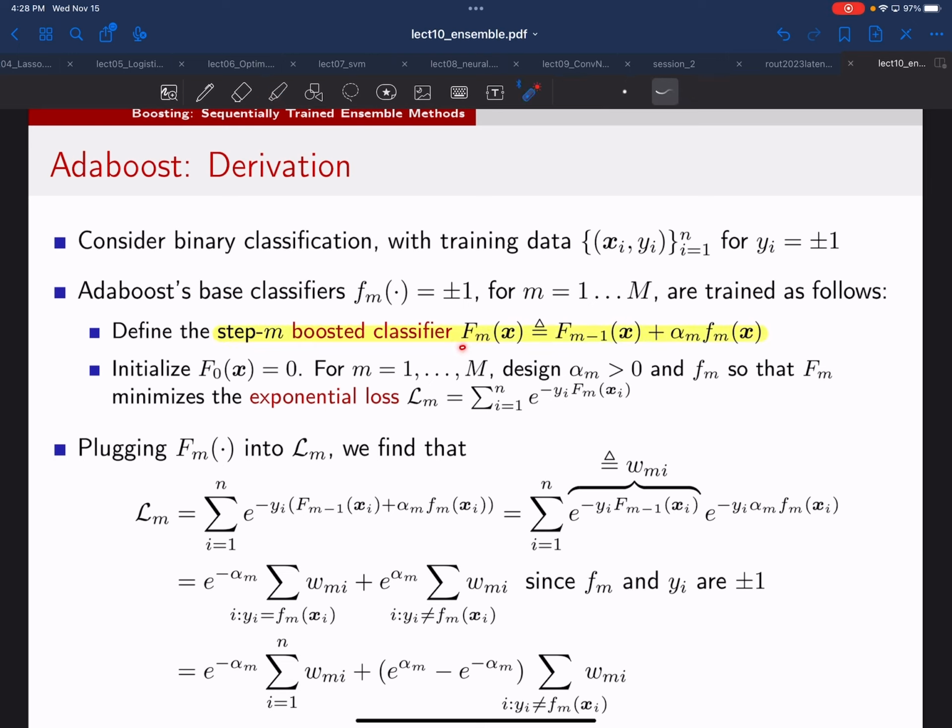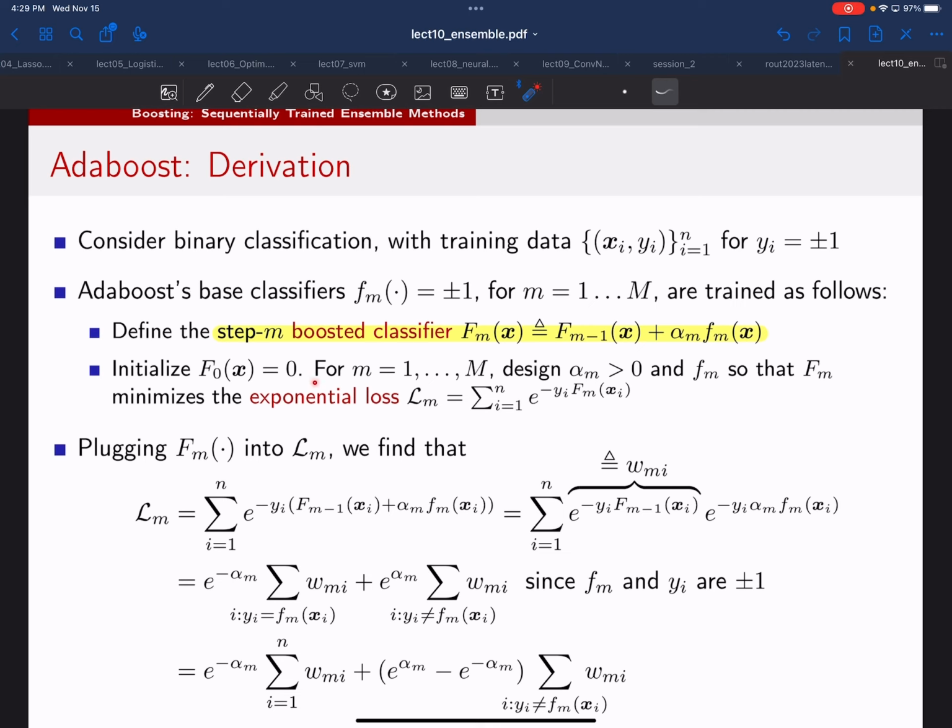That's going to be capital F. You can see we're taking the previous boosted classifier and adding on a scaled version of the base classifier to get F m. We initialize the boosted classifier at stage 0 to be 0. So for the first stage, you just have a base classifier. We want to design both the alphas and these f's, and the f's are going to be trees in practice.